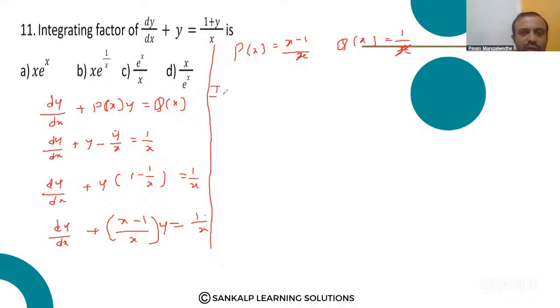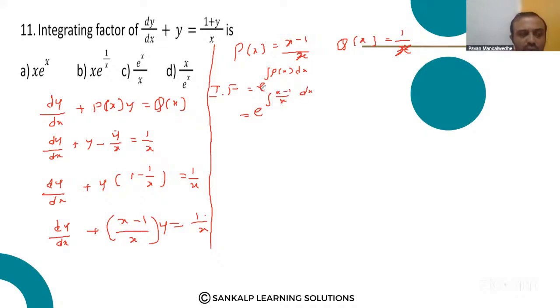So the integrating factor is e raised to integral of p of x dx. We already know p of x is x minus 1 by x, so it is e raised to integral of x minus 1 by x dx.